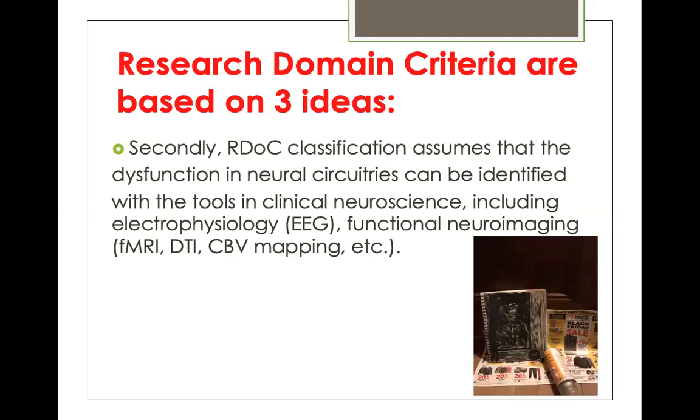So research domain criteria assumes that dysfunction in neural circuits can be identified with the tools available to clinical neuroscience, including EEG, functional MRI, evoked potentials, magnetoencephalography, and things like PET scanning.